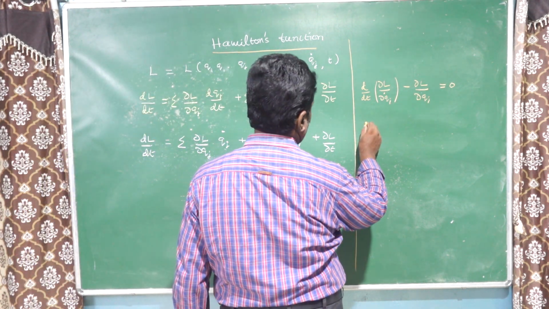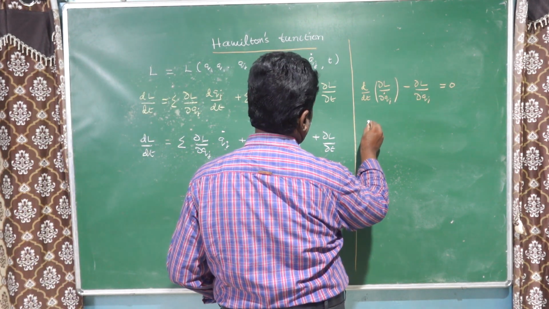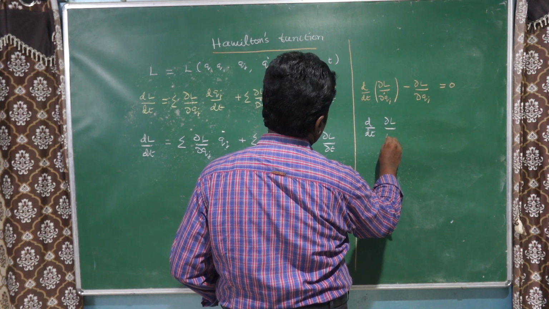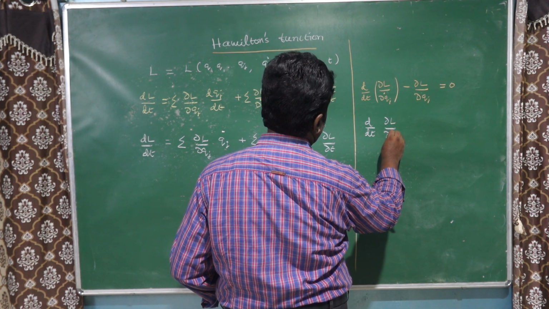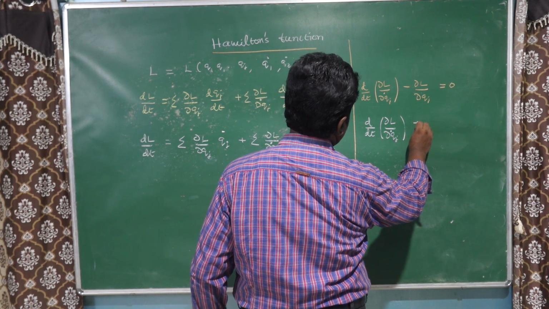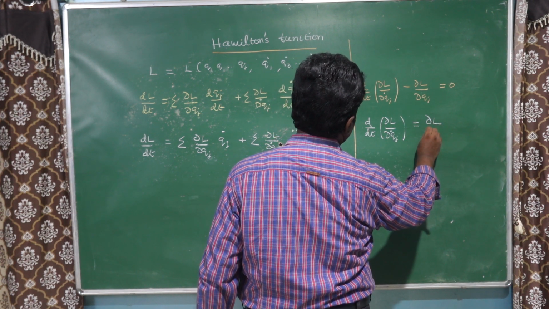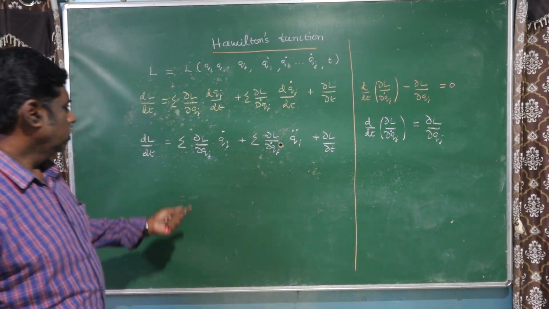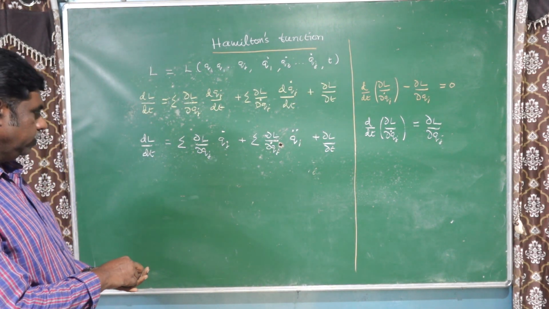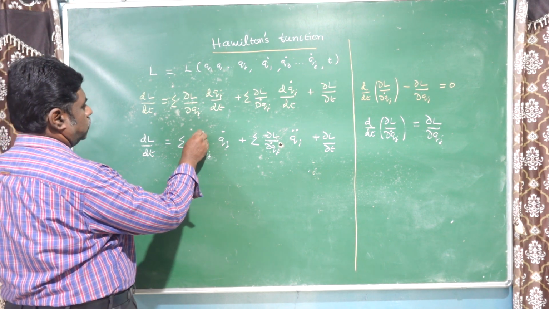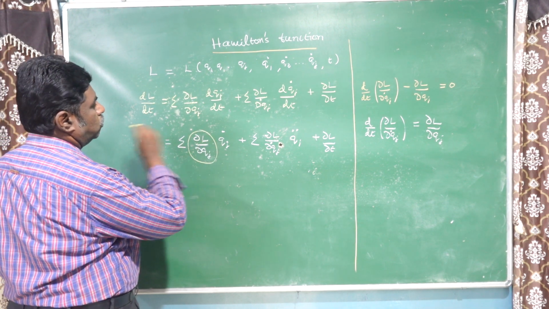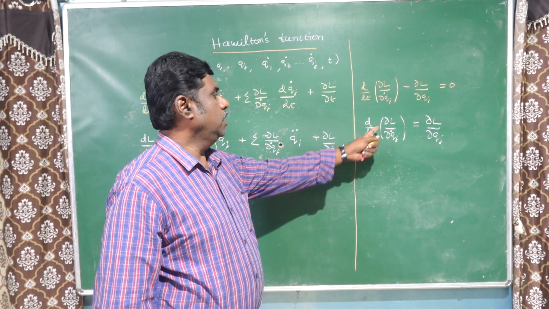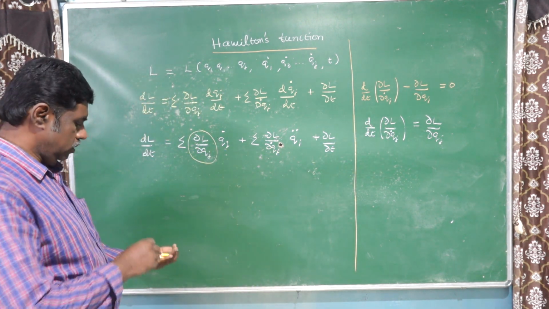From this, the value of d by dt of ∂L by ∂qj dot is equal to ∂L by ∂qj. So in this relation, instead of this ∂L by ∂qj, we may substitute the value d by dt of ∂L by ∂qj dot.